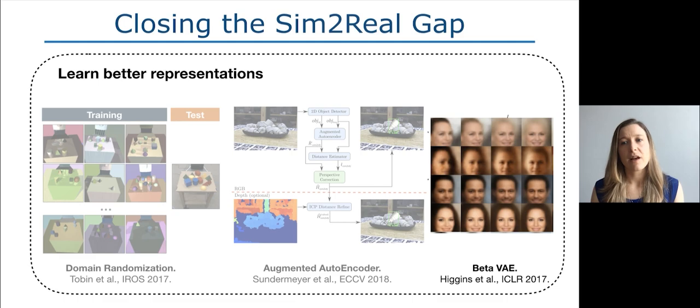And yet another style of approach, which goes beyond sim to real, is that of learning better representations overall. And in this case, many people focus on tasks like learning disentanglement, learning to separate out the stylistic information, these factors of variation that should not influence your discrimination of the content. And beta VAE is just one such approach.